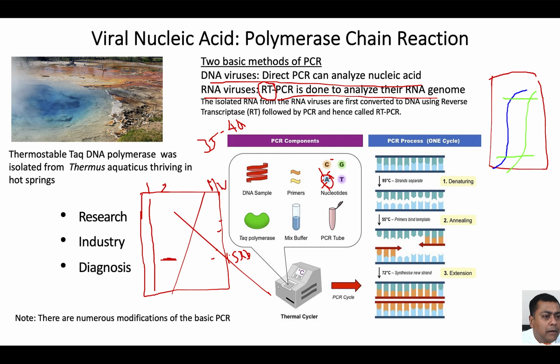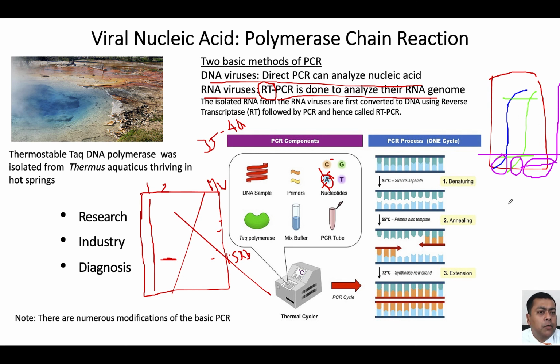Then I'll use another color, say magenta, and you see it like this. You can see that right here you have an initial lag phase, and another initial lag phase right here. This is the threshold level where the fluorescence goes above the baseline.